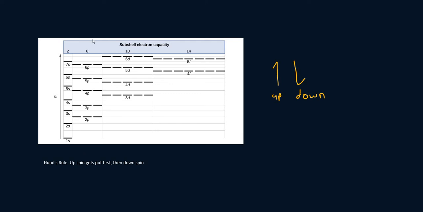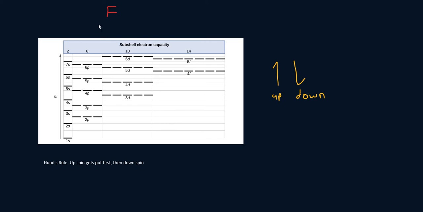So let's say we wanted to do the orbital diagram for, let's make it simple, fluorine first. So a somewhat more simple one. Fluorine is the 9th element, which means fluorine is going to have 9 total electrons. So 9 arrows that we're going to need to draw.